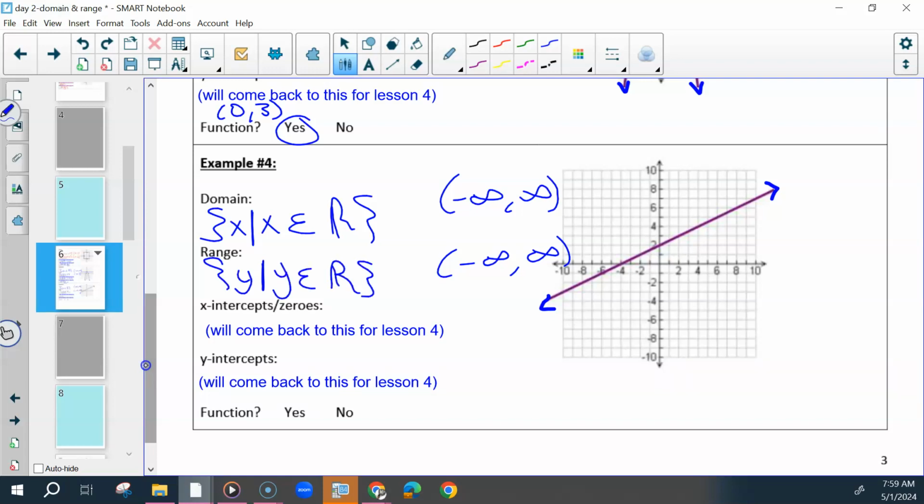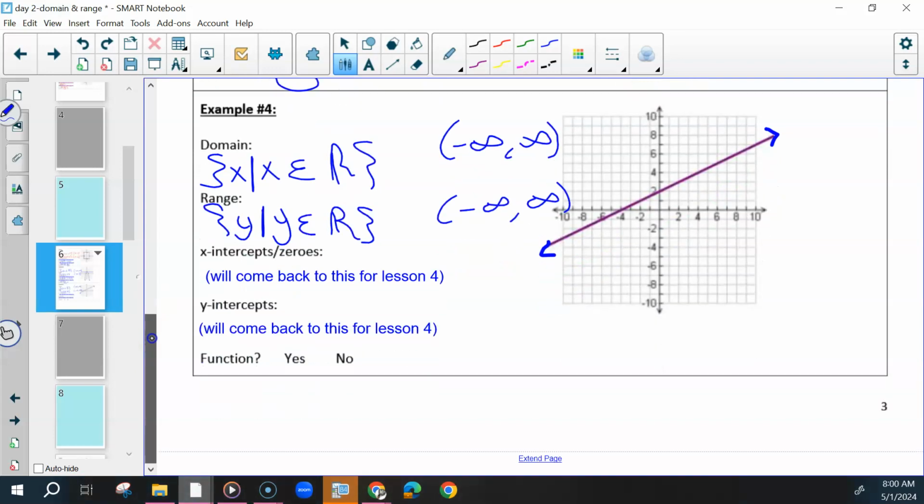So all of your lines have domain and range of all real numbers. They go on and on for every number in both directions. X-intercepts there? Sure. And y-intercept? 0, 2.